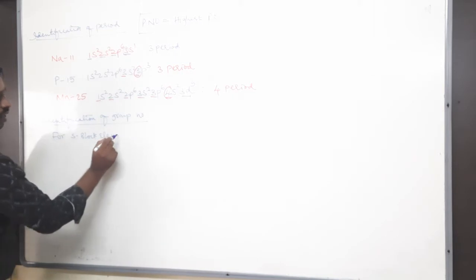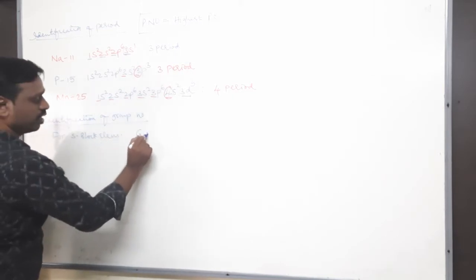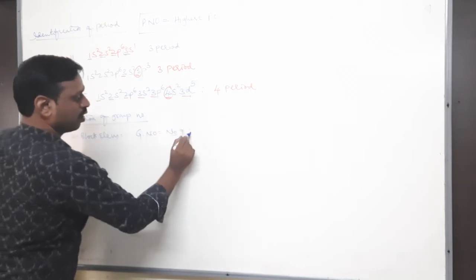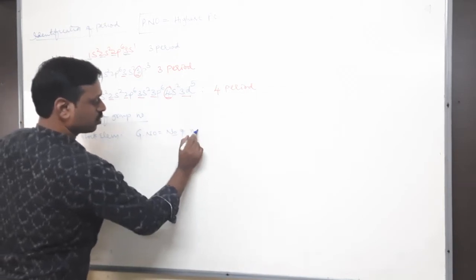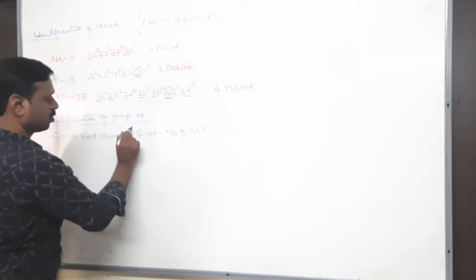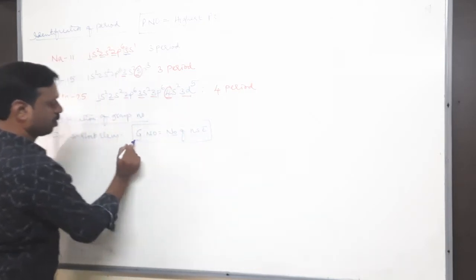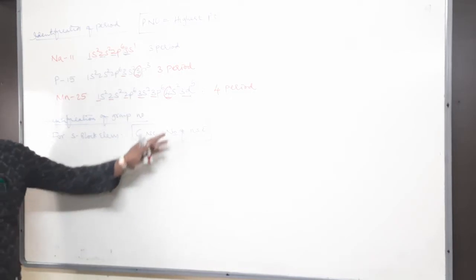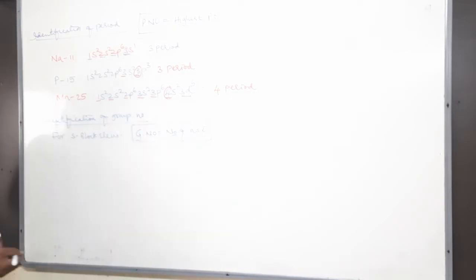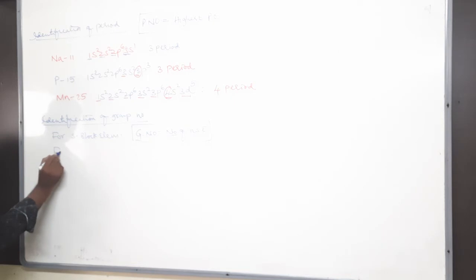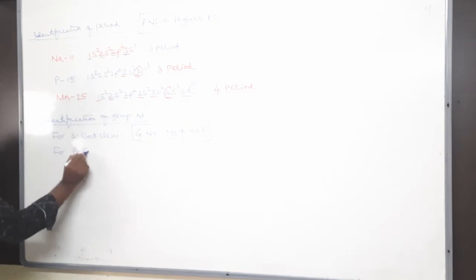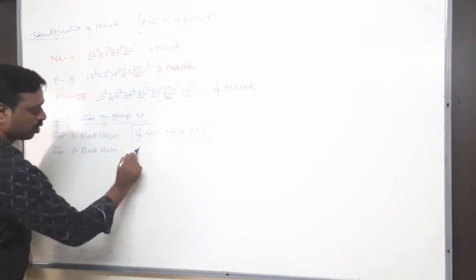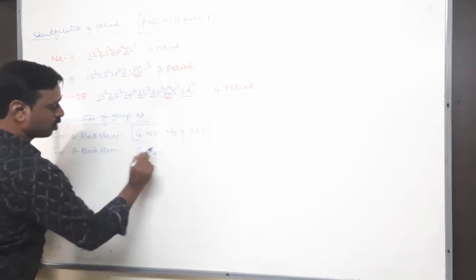For S block element, group number is equal to the number of ns electrons. Next, for P block element, group number is different.